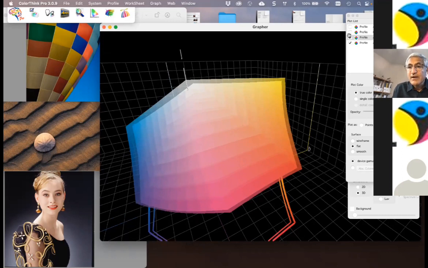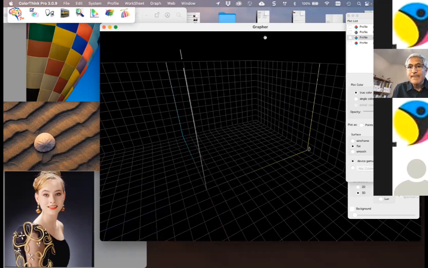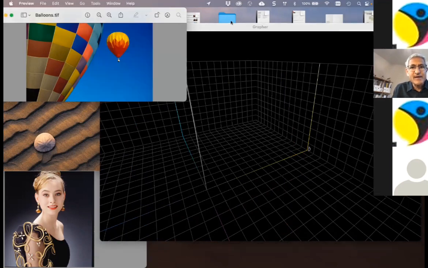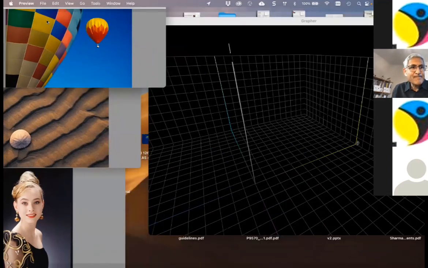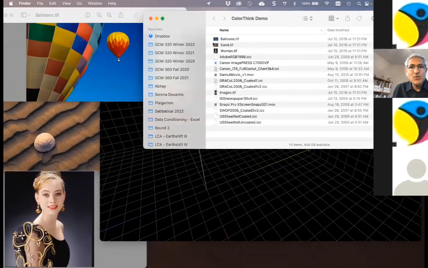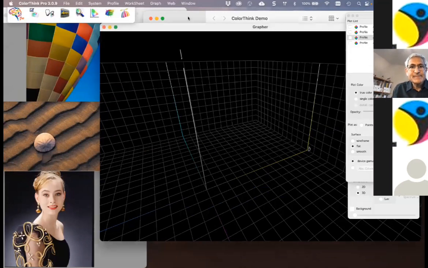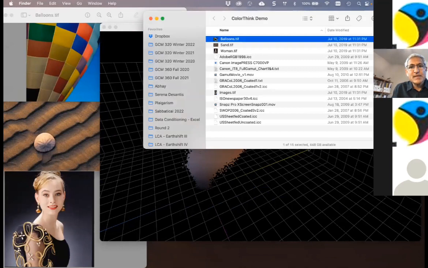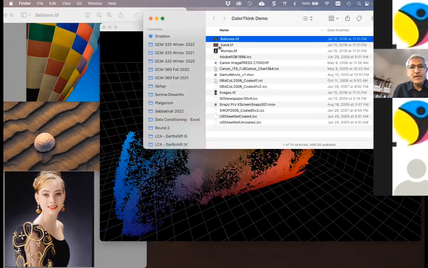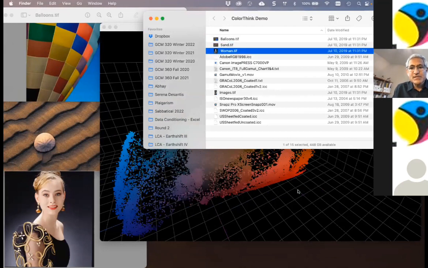So why do we care? Well, these images also have a color gamut. If we look at the sand image, it will take a few moments. And then if we look at the balloons, we're going to look at the gamuts of these images.